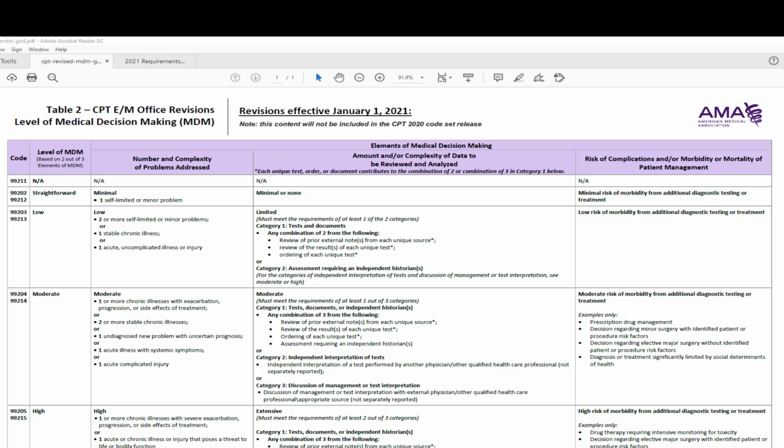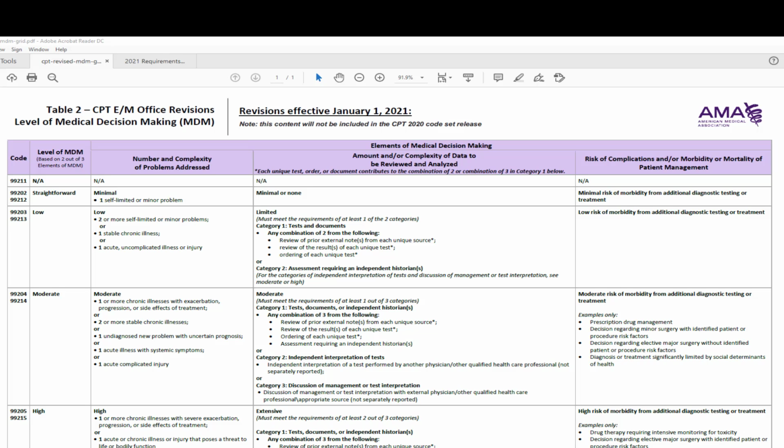Review of prior external notes from each unique source. Review of the results of each unique test. Ordering of each unique test. Assessment requiring independent historian. You need three out of the four. Or an independent interpretation of a test performed by another physician or other qualified health professional, not separately reported. Or discussion of management or test interpretation.